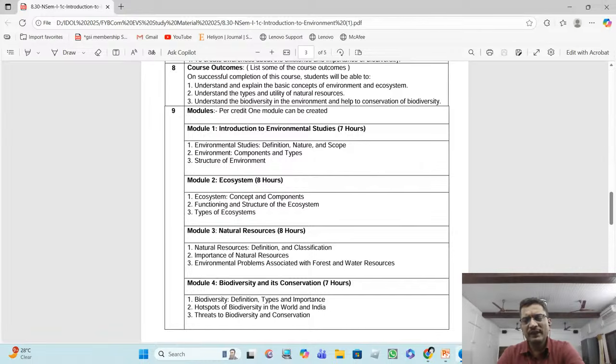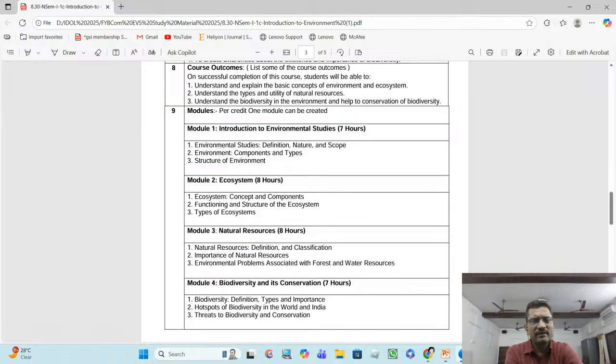We will start with the definition of natural resources, and also we'll try to understand how resources are developed, how endowment becomes potentiality, and how potentiality is converted into resource. What are the important factors that are controlling the utilization of resource?